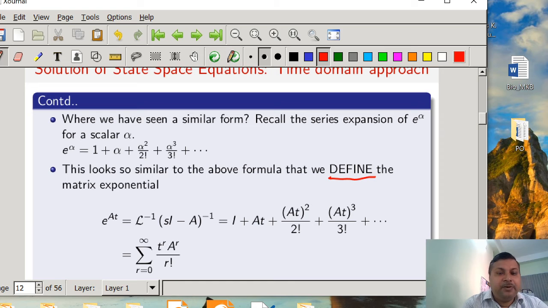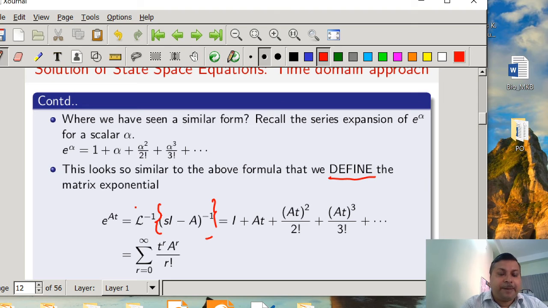of sI minus A inverse as e to the power At. This looks so similar to the above formula that we define the matrix exponential.